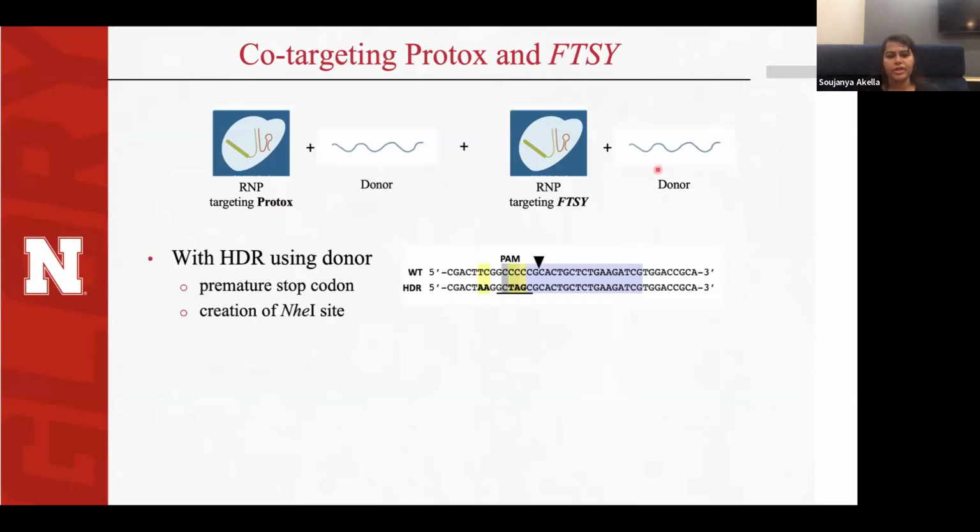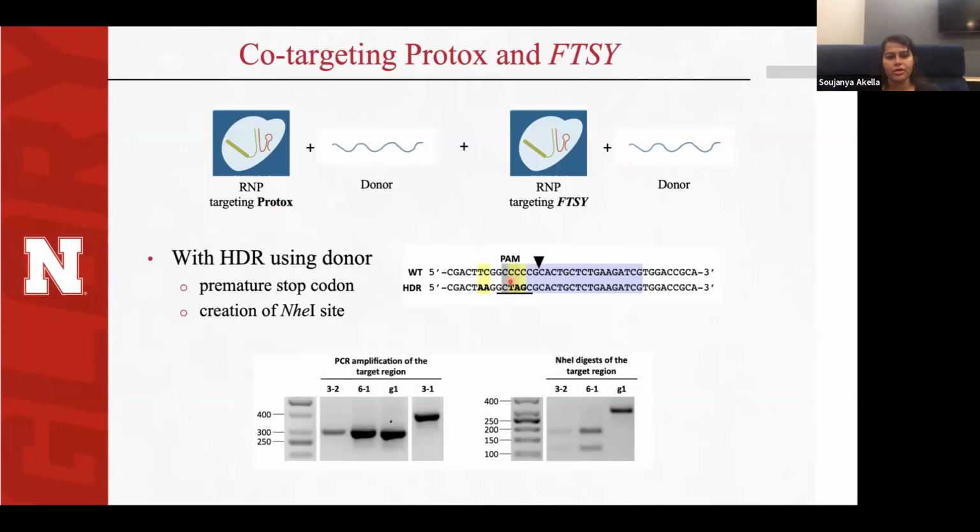If you remember with FTSY, what we wanted was the premature stop codon, which would also create this recognition site. Now, in these PCR gel pictures that I'm showing you, G1 was our wild type. Okay, 3261 and 31 were transformants. 31 you can see clearly.